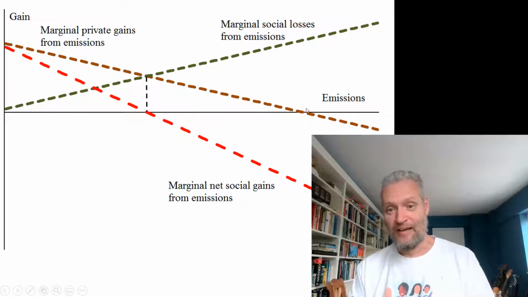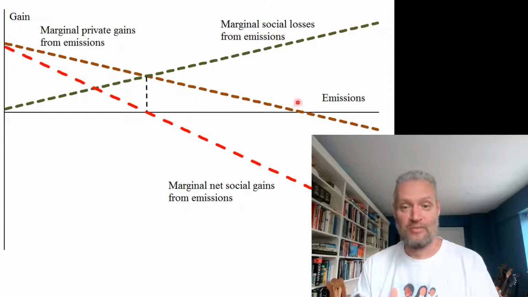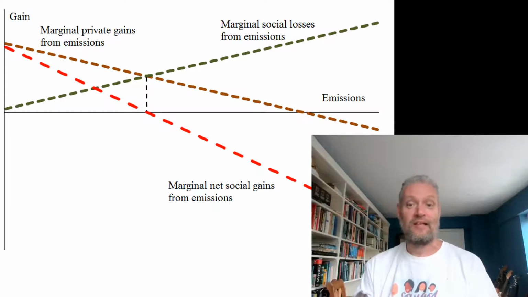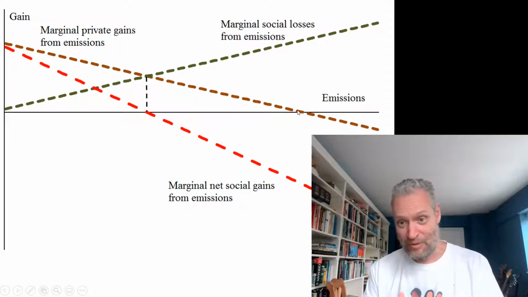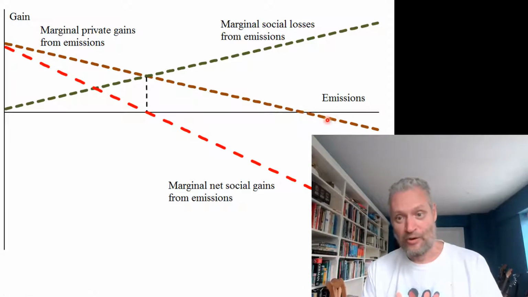So this point here is where there is no emission control. This is essentially the point where your emissions would be if there was no climate policy. The reason is that if you go beyond this point, then you're hurting yourself.